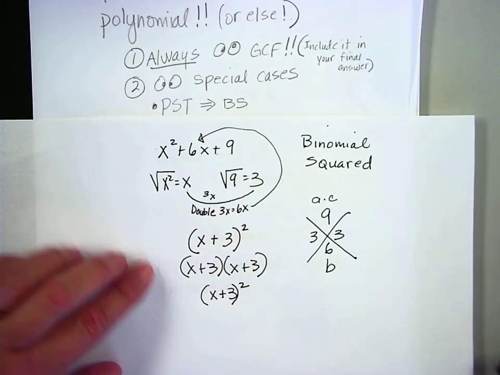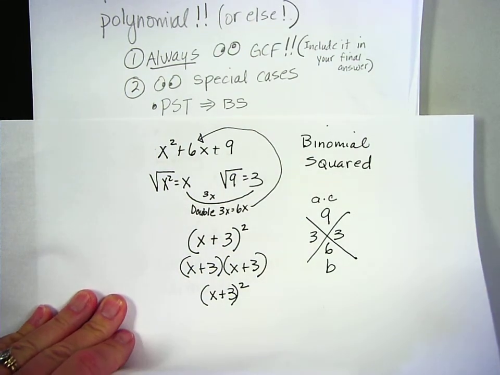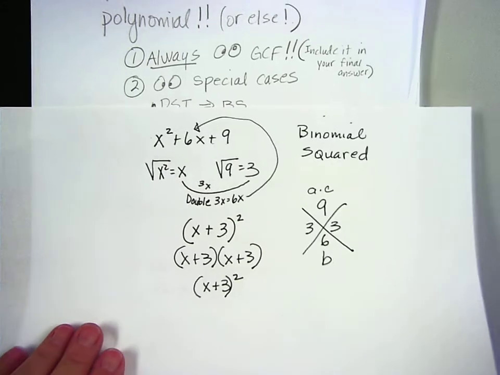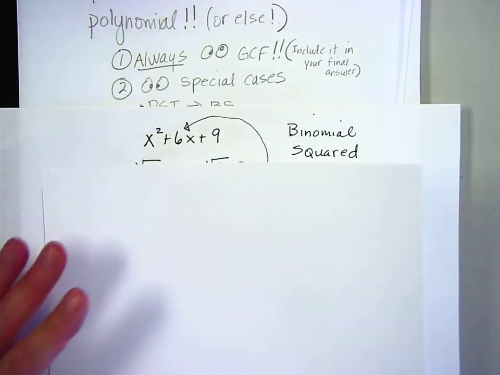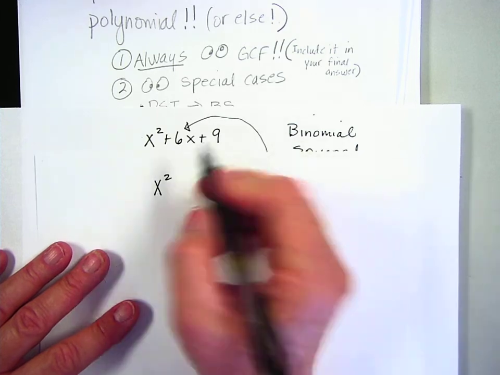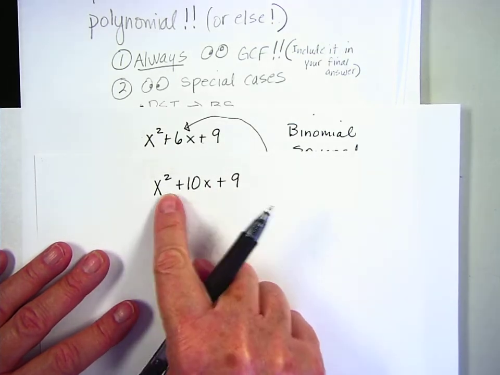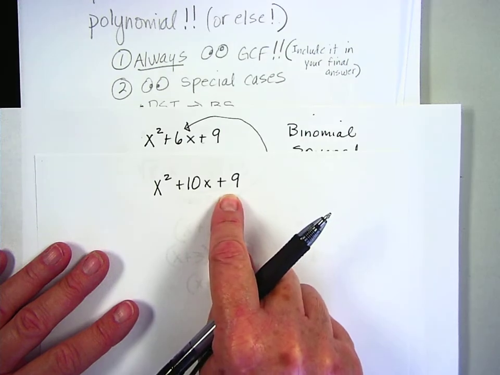Now, what if I had this exact same thing, only the middle term was not 6x? What if I had x squared plus 10x plus 9? Would this be a perfect square trinomial? Nope.